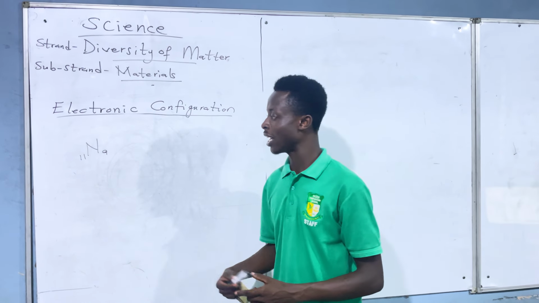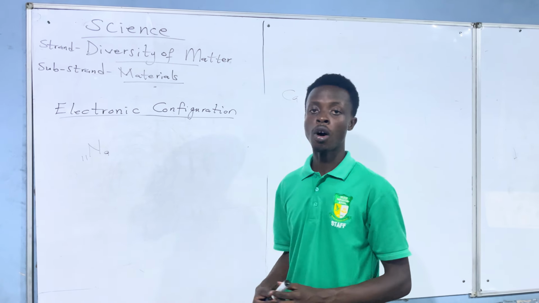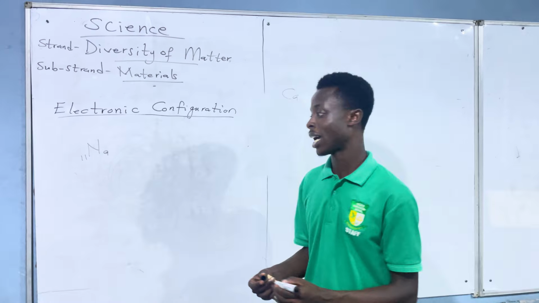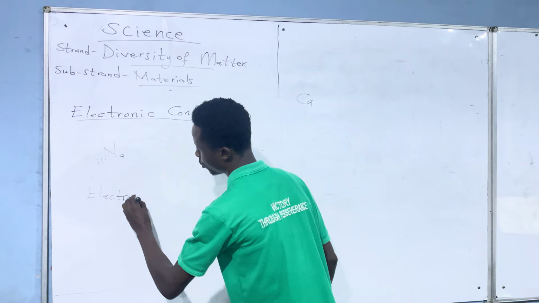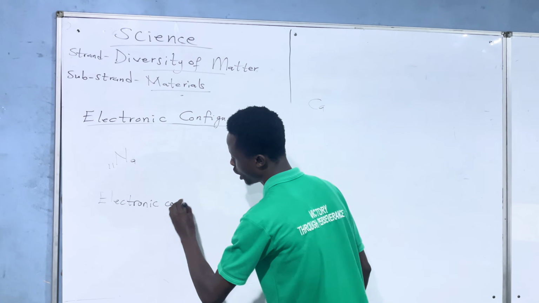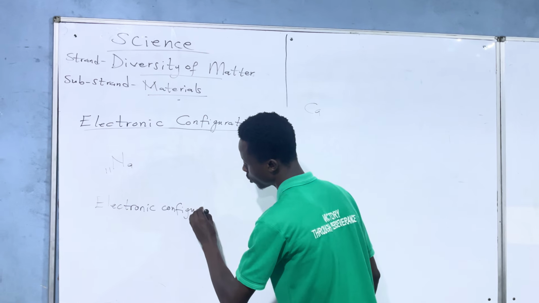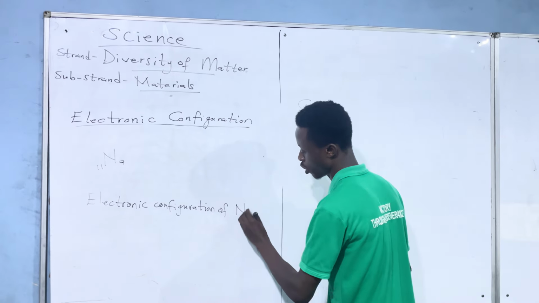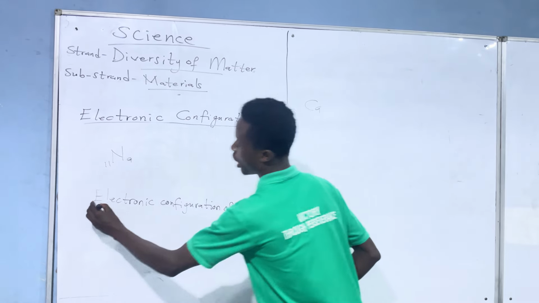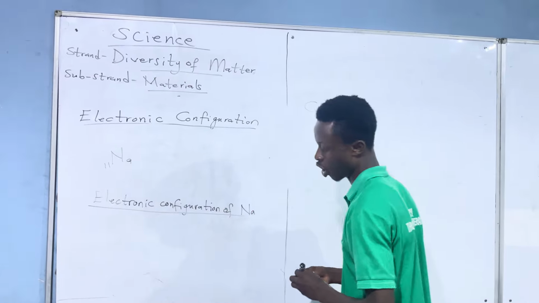Before you write the electronic configuration of an element, you have to have a title: electronic configuration of sodium. Then you underline it.